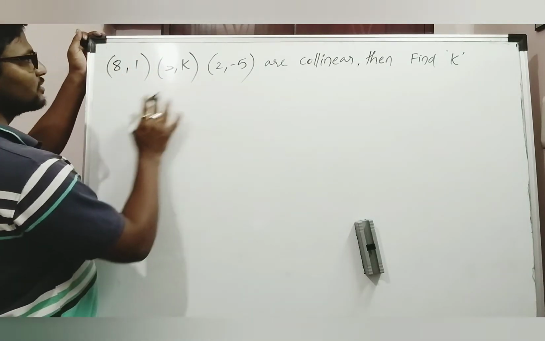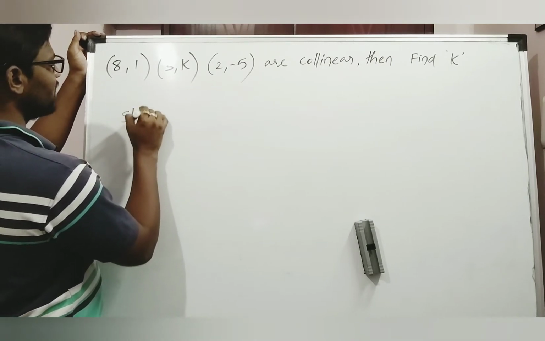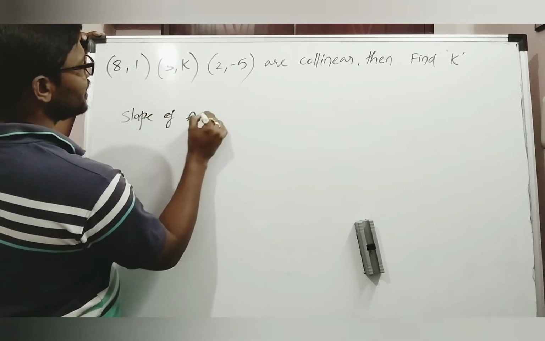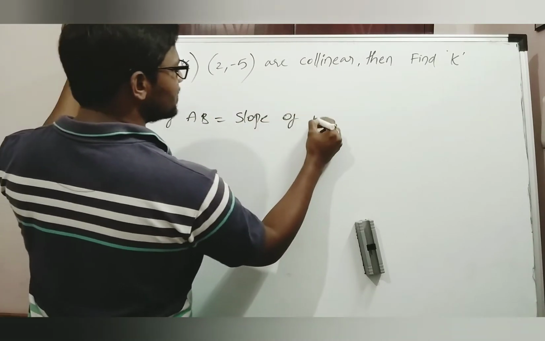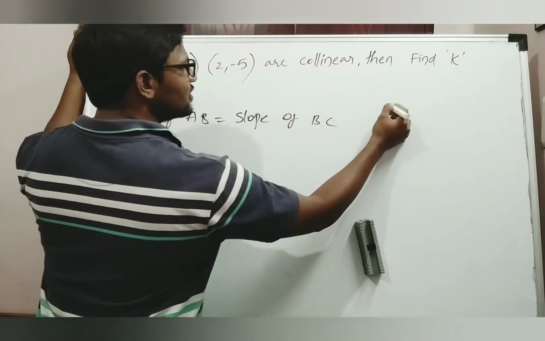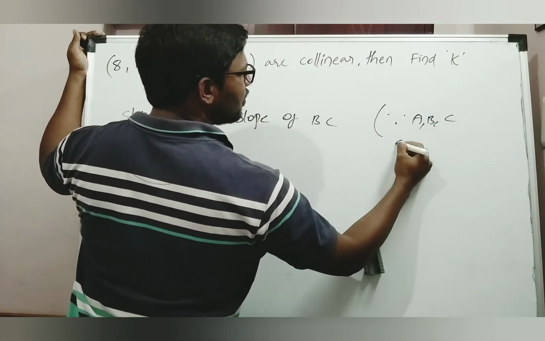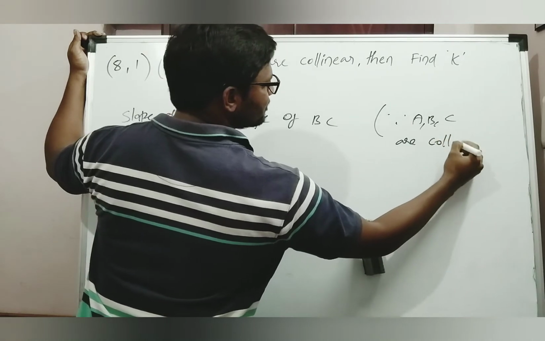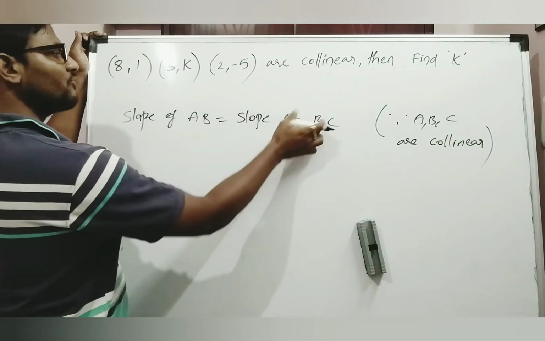But if you take the slope formula, this is A, B, C. I'm taking slope of AB equal to slope of BC. Why? Since A, B, C are collinear. Okay, you can take the slope of AC also.